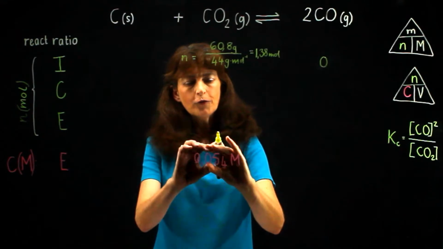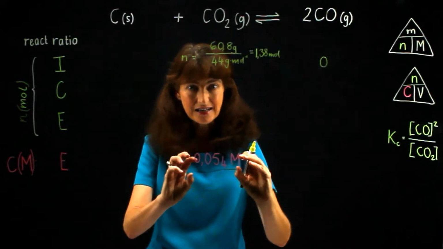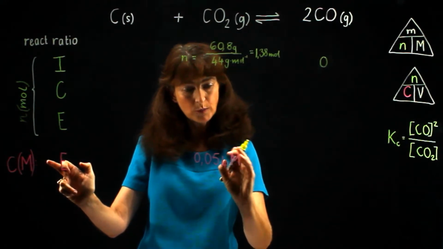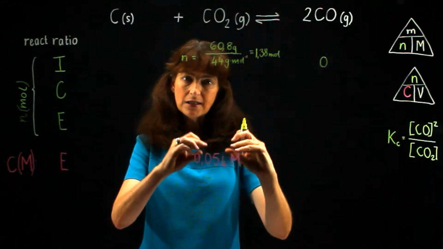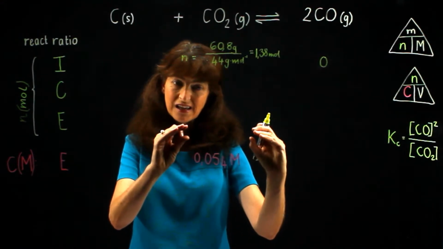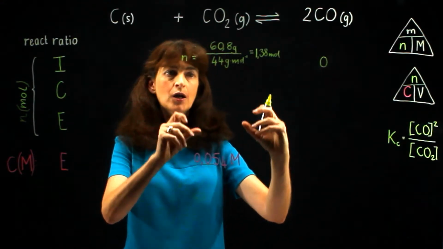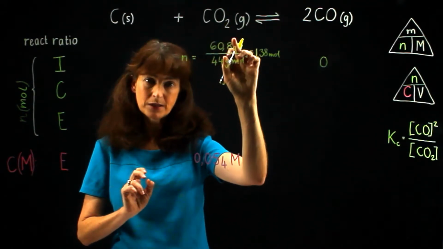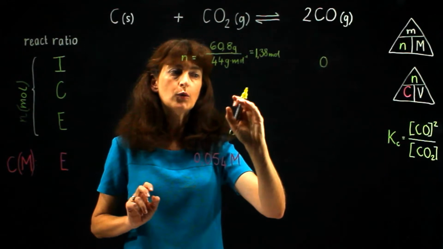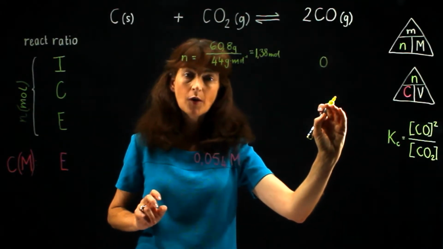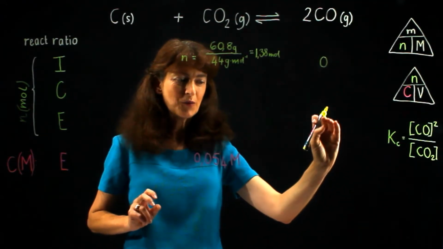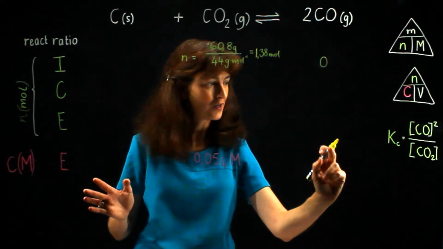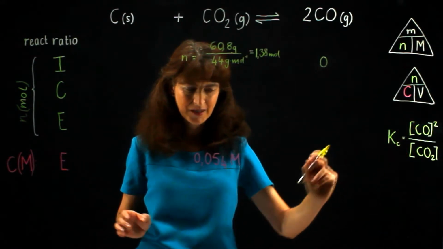So we need to convert this amount that we're ending with, which is at the moment in molar, into its equivalent amount of moles, and then compare that with how much we started, so that we can see the change in carbon dioxide, from which we can work out the change in carbon monoxide, from which we can find out the equilibrium amount and concentration, which is what's needed over there.